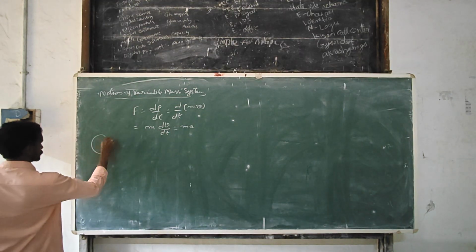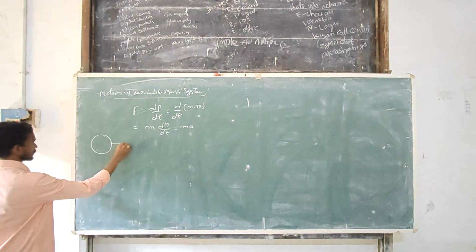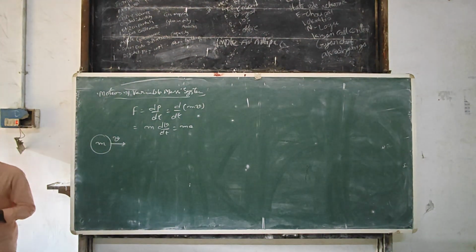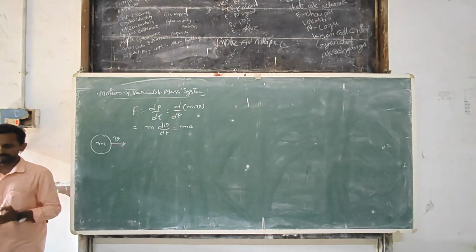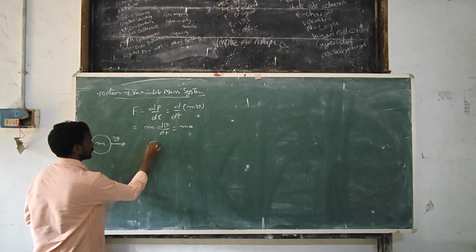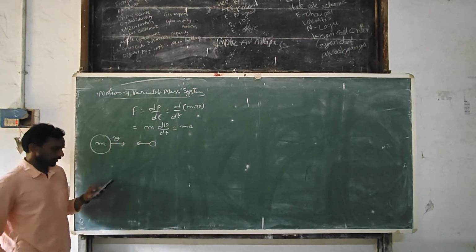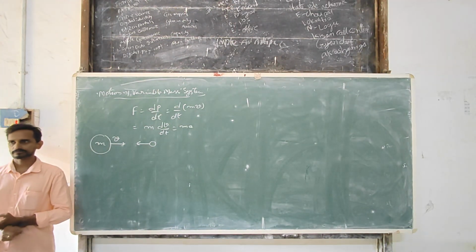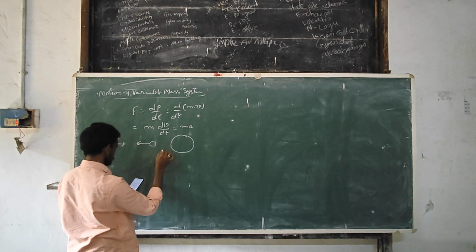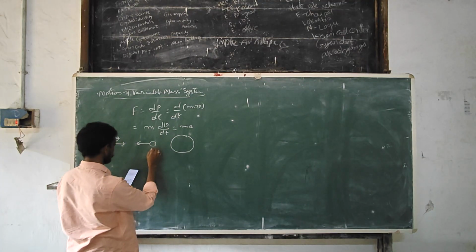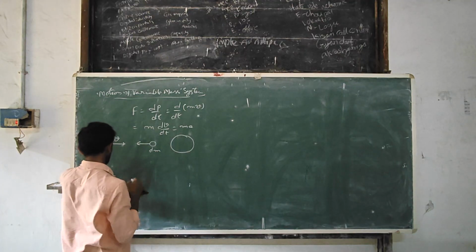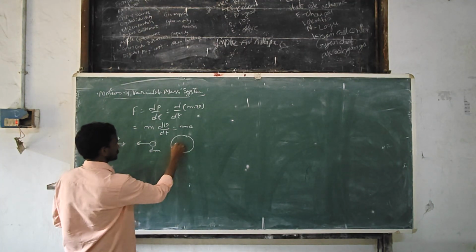Let's say M is the mass of rocket plus fuel with initial velocity v, and a portion of fuel is coming out with a relative velocity. So let's say this is delta m or dm, and this is m minus dm.